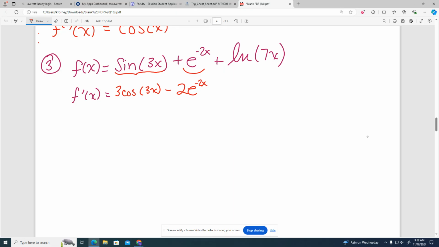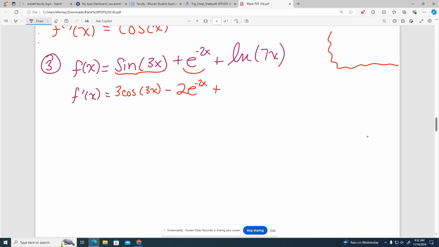Okay? Then for the natural log, I'm going to do that to the side. It's going to be 1 over x, but I want to show that.